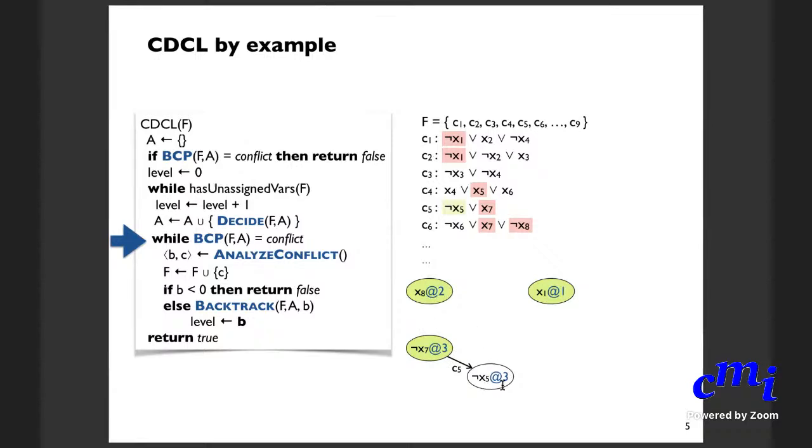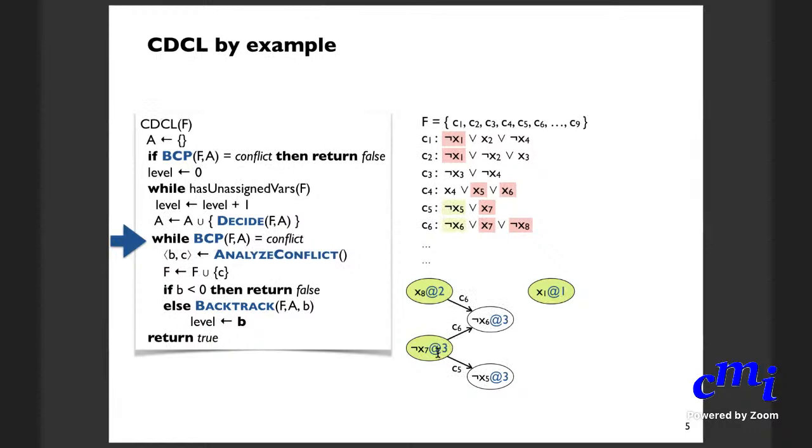All the non-colored ones are implied literals, the unit implied literals as a result of plugging these decisions into the clauses. As a result of plugging in X7, we generate this implied literal in clause C5.